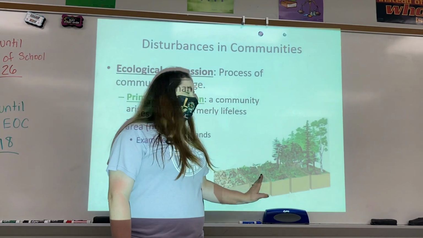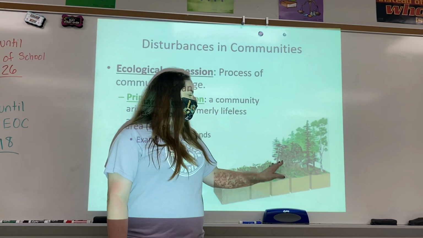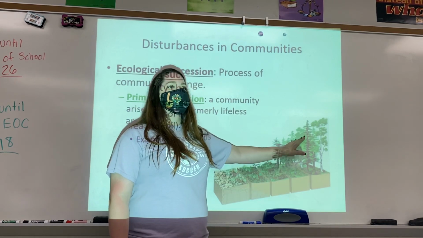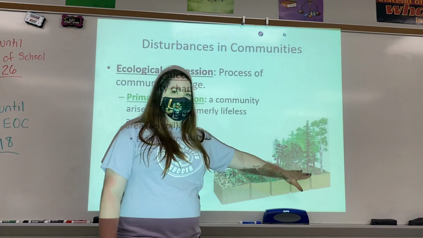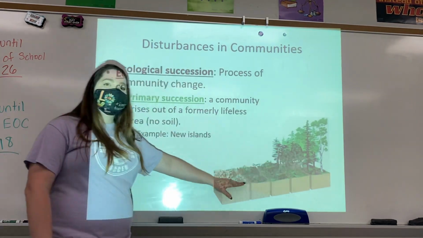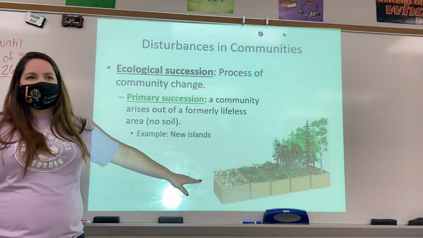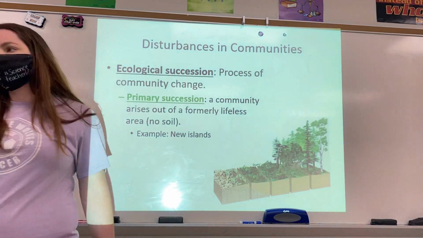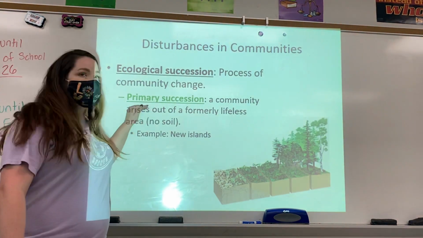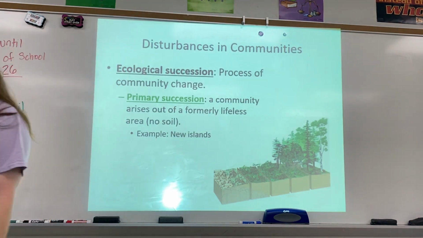Those bigger grasses are going to be replaced by shrubs and small trees. And those small trees and shrubs are going to be replaced by larger trees and denser forests. So this primary succession is if the environment has never ever before seen plant life. Okay? So this is the primary or the first time that this environment has seen plant life.